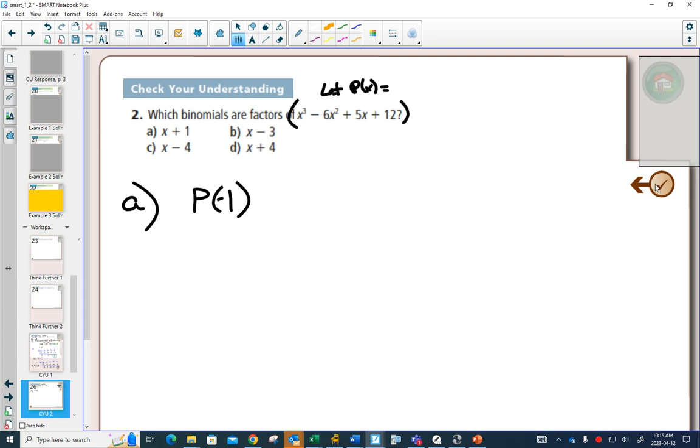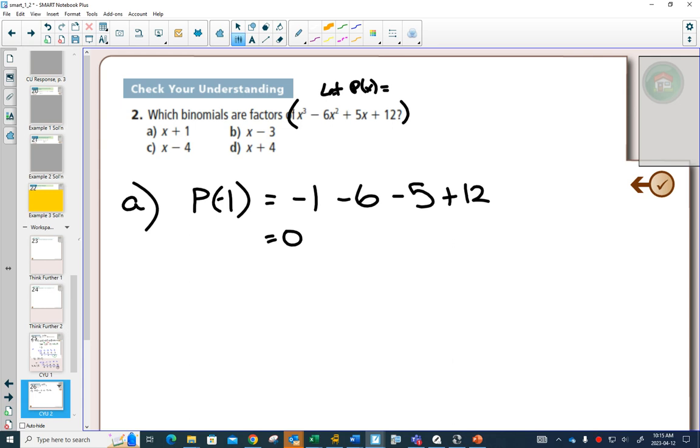And this would be a value that I probably would use the remainder theorem, because the mental math is easier. -1 cubed, -1. -1 squared is +1 times -6, -6. -1 times 5, -5 plus 12. That was very quick mental math to find the remainder.